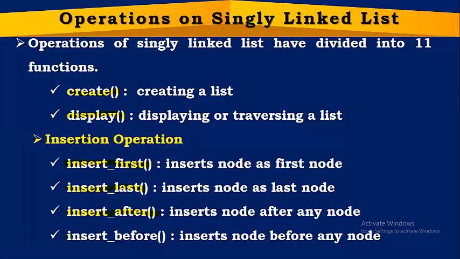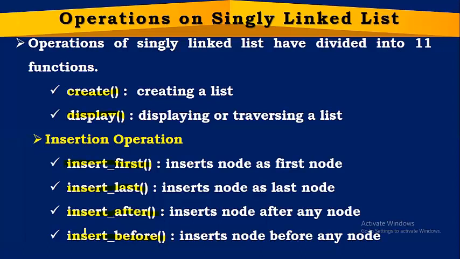Next, insert_before. When you call the function insert_before, it is going to ask the user before which node you want to insert. Then you have to mention the value, the data. So it searches for the node which contains the data and it inserts the new node before that particular node.